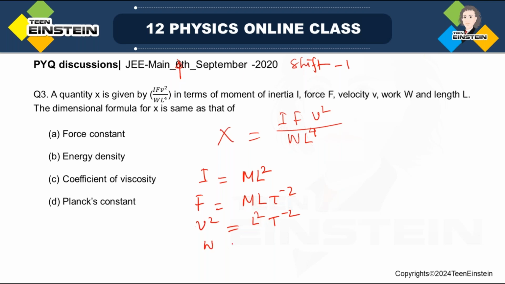And work done, you know. Okay, let me simplify. I can simplify this work done to be F into L further. Okay, then life will be a little bit easier. So this F I can just strike out. Okay, now look what I have.